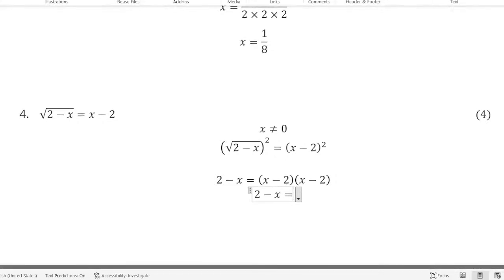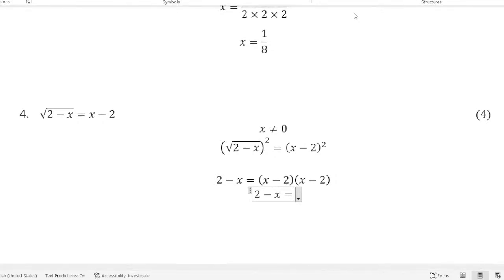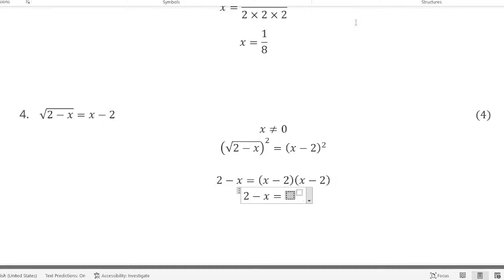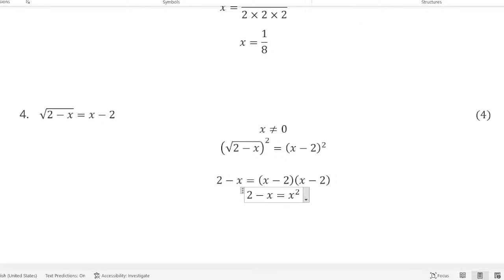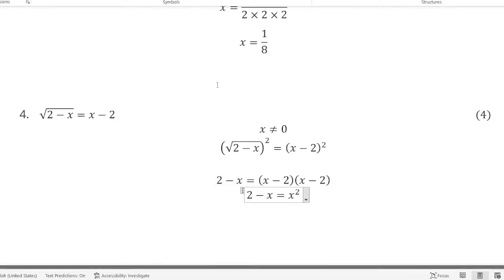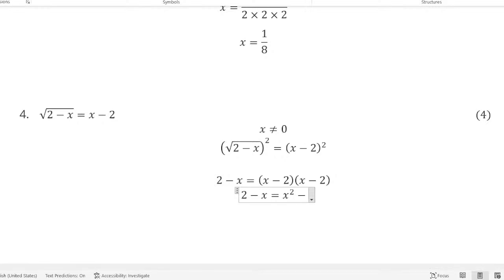Then x multiplied by negative 2, outer terms, is minus 2x, right?